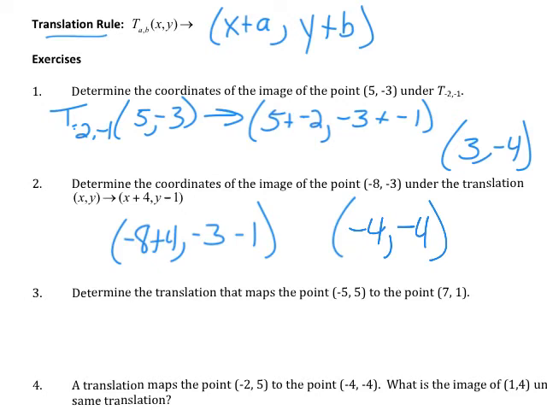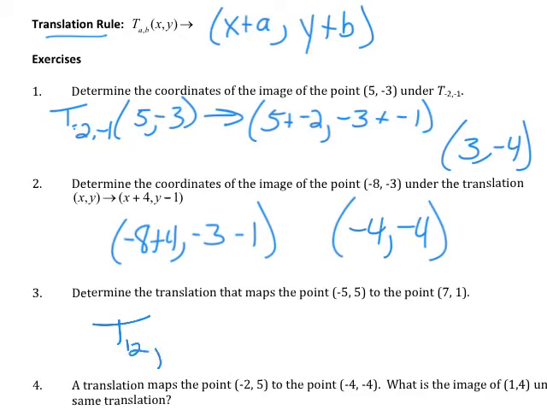The third example here, we're going to determine the translation that maps the point from -5, 5 to the point 7, 1. So here we're going to create the rule. And you have to think to yourself, well, what am I going to add to -5 to get to +7? So the rule, if you think about it, is I've got to get from -5 to +7, I've got to move 12.